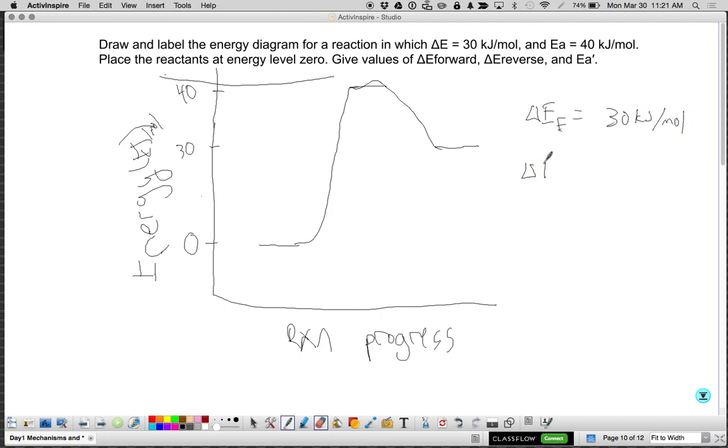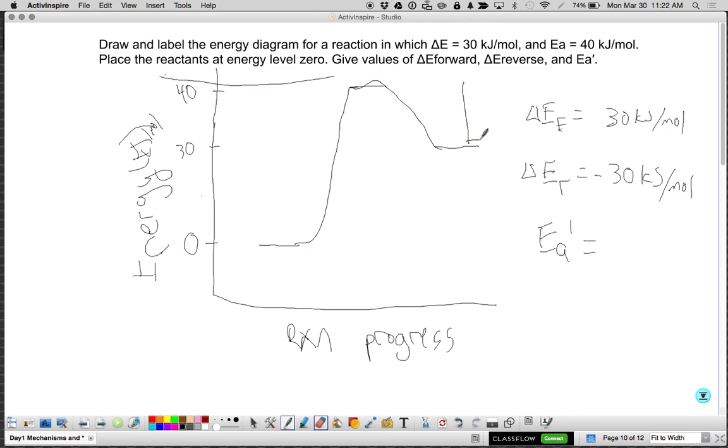Delta E reverse would be for the reaction going that way, which would make it exothermic, which would make it negative 30 kilojoules per mole. The only other thing that I have left is EA prime. So the activation energy for the reverse process, or from products to activated complex.